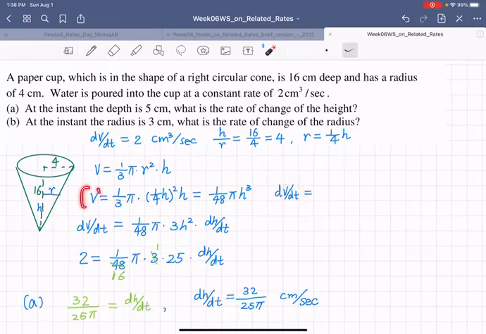You take the derivative for both sides. Okay. So the left becomes dV over dt. And then on the right, it becomes who? 1/48 pi times 3h squared, and then dh over dt.